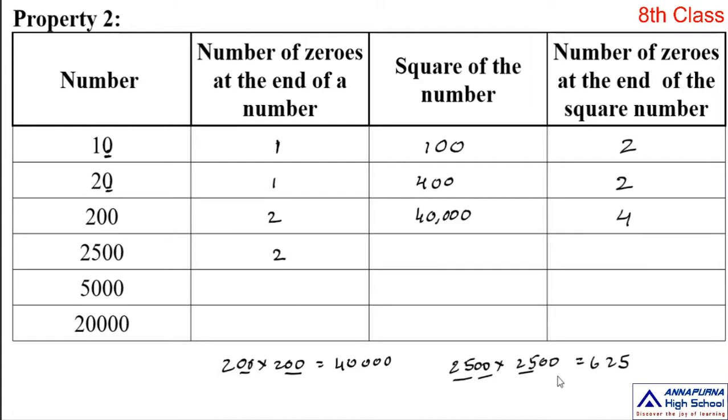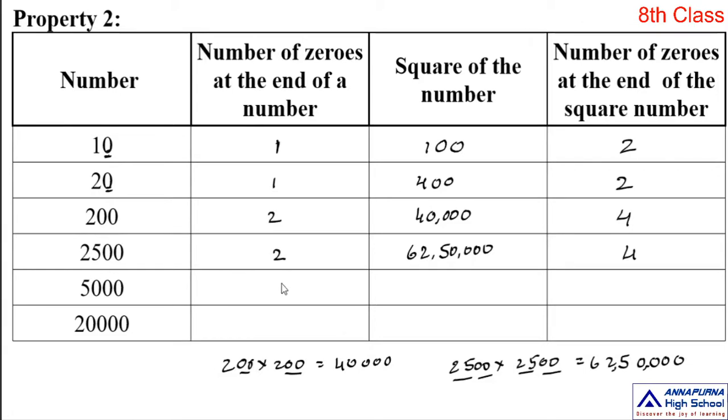In the first number 2 zeros are there, in the second number 2 zeros are there, so in our product we have 4 zeros. That means the answer is 6,250,000. At the end of the number, how many zeros are there? 4 zeros are there.